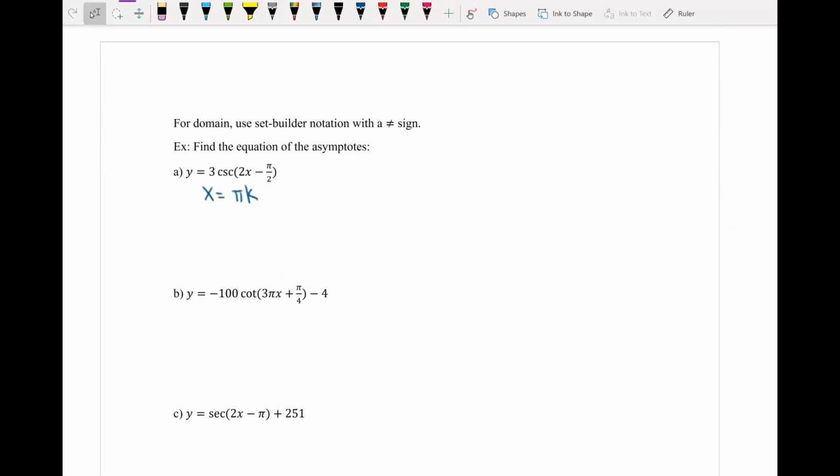So what we're going to do is plug in the inside of cosecant for x. So I'm going to have 2x minus pi over 2 equals pi k. So all I just did is I took the inside of the cosecant, plugged it into the x, and now I'm going to solve for x.